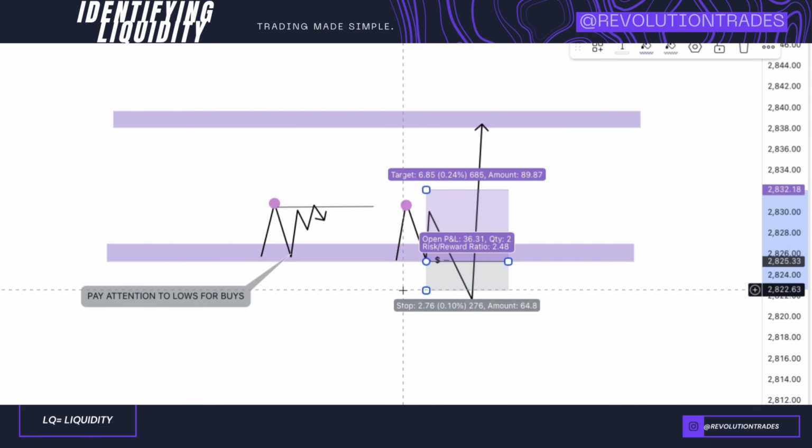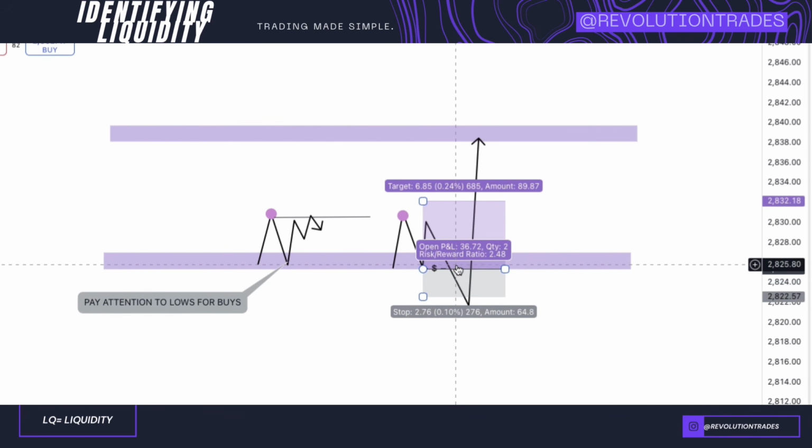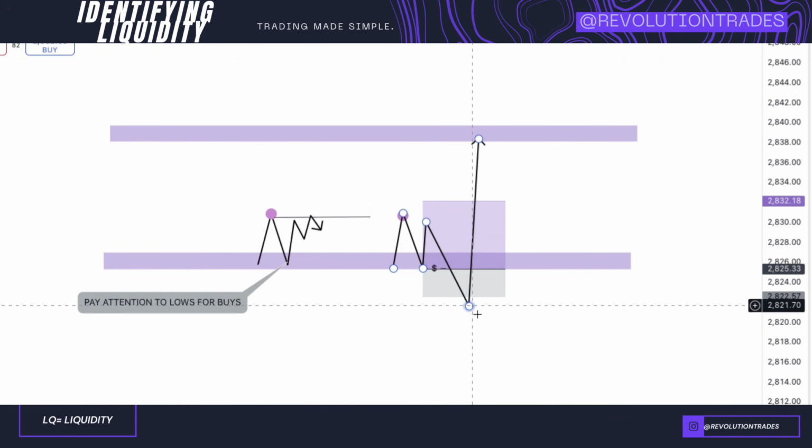Because they know this, they will take these lows out for buys or highs out for sells. They'll take these lows out because if they take these lows out, they're going to take a bunch of people out of the market. And when they take a bunch of people out of the market, what can they do now? They'll have the strength to push in the opposite direction because now they have a bunch of orders, a bunch of liquidity being pulled up, I guess you could say, okay?